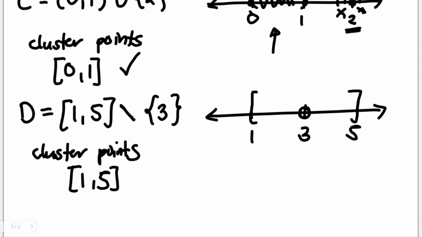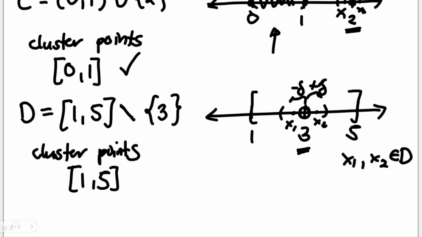Now, if we're going to consider this as our c and locate delta, so minus delta, plus delta, okay, we could find here x sub 1 and x sub 2, which fall on the same set because, based on the figure, x sub 1 and x sub 2 are elements of set D. Okay?